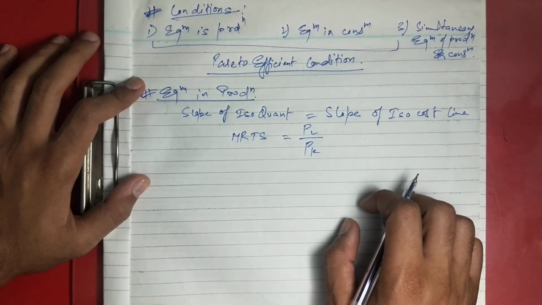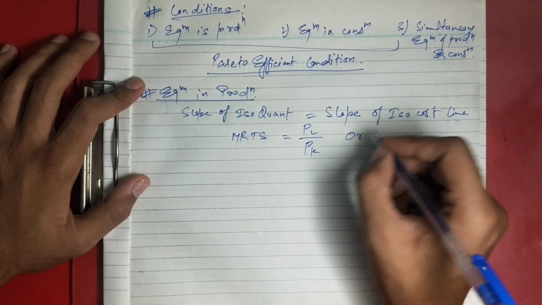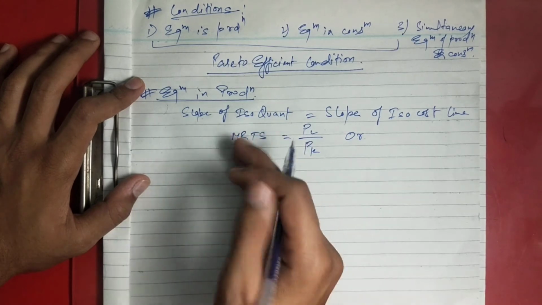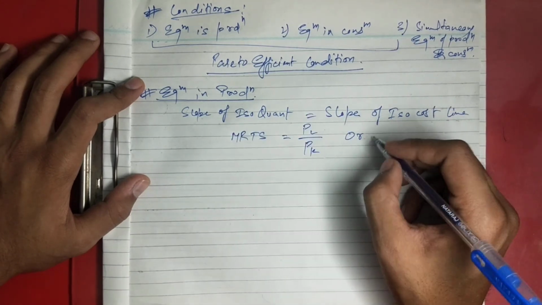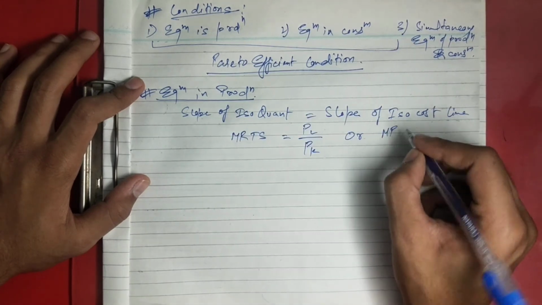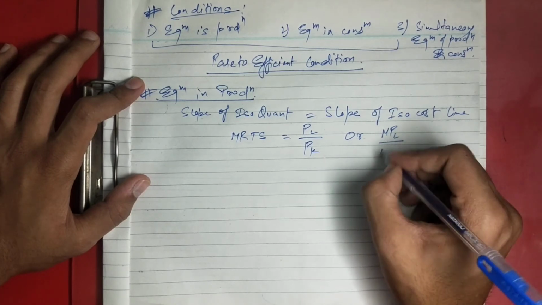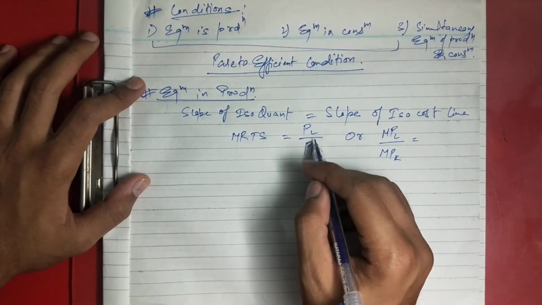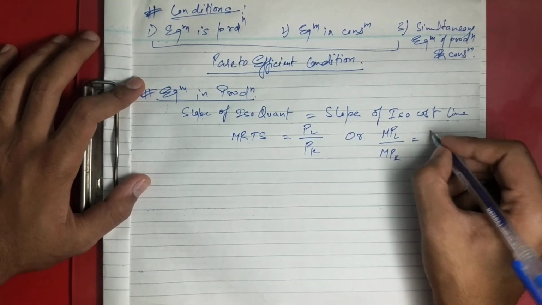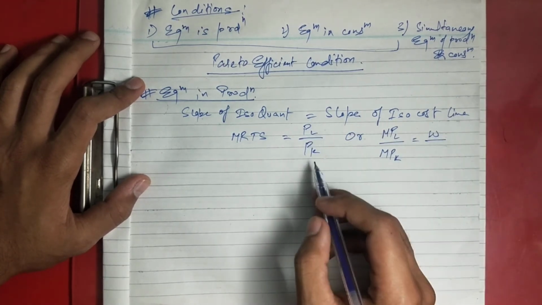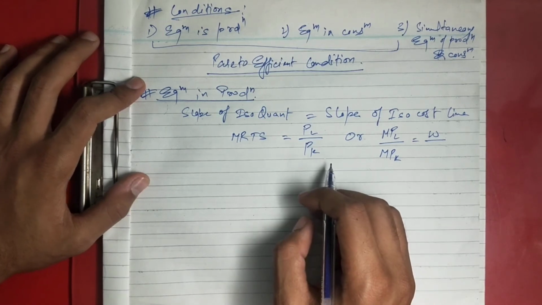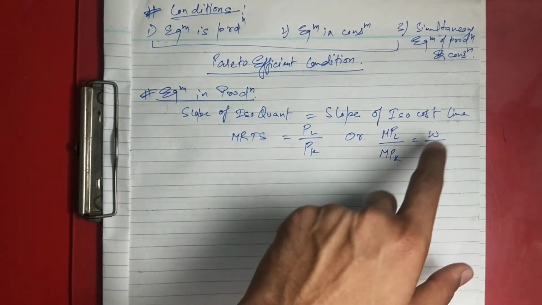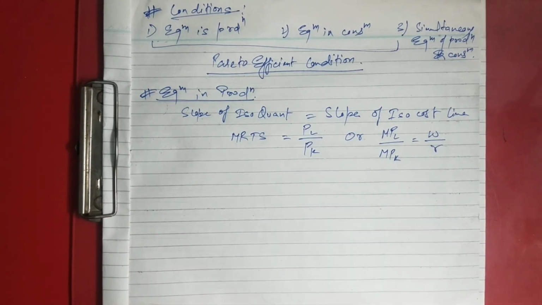Or there was one condition also, if you remember, it is just the same, but we will write it in a different manner. What is MRTS? MRTS is the ratio of marginal productivity of labor and MPK, right? And what is price of labor? Price of labor is wages, which is denoted by W. And what is price of capital? What we get from capital is rent. Okay, so these are the opportunity costs of labor and capital.